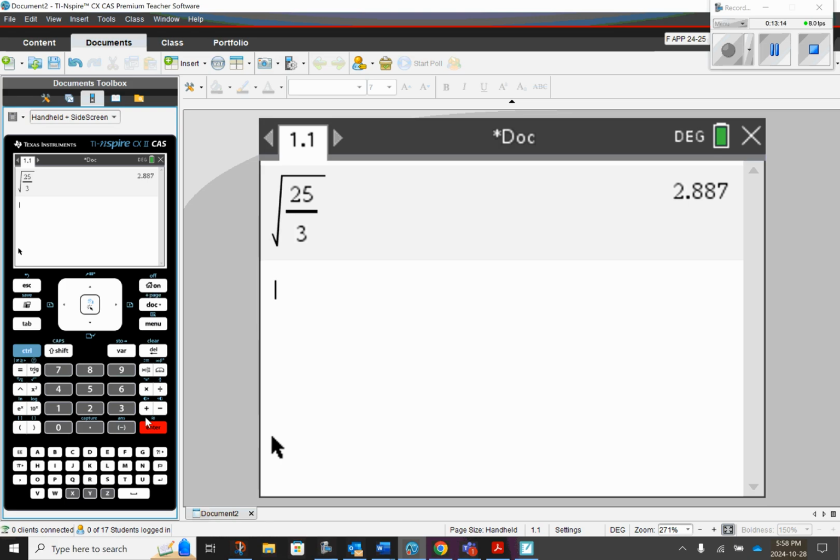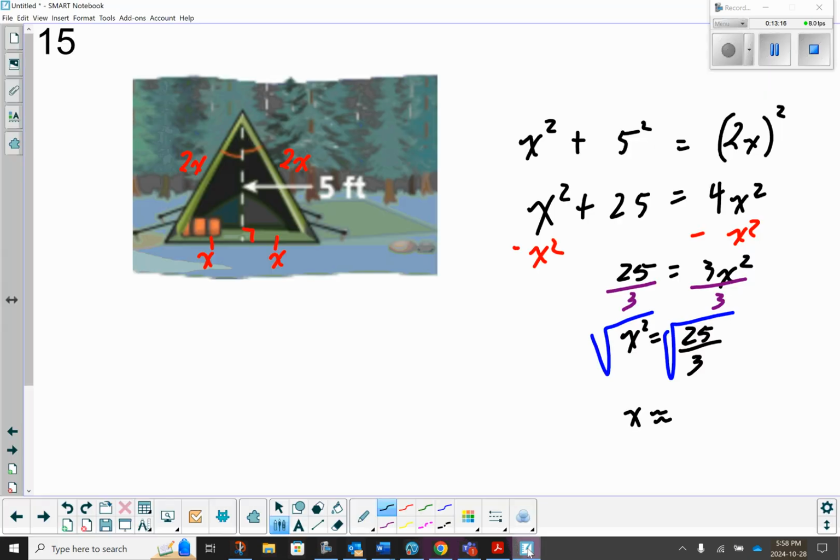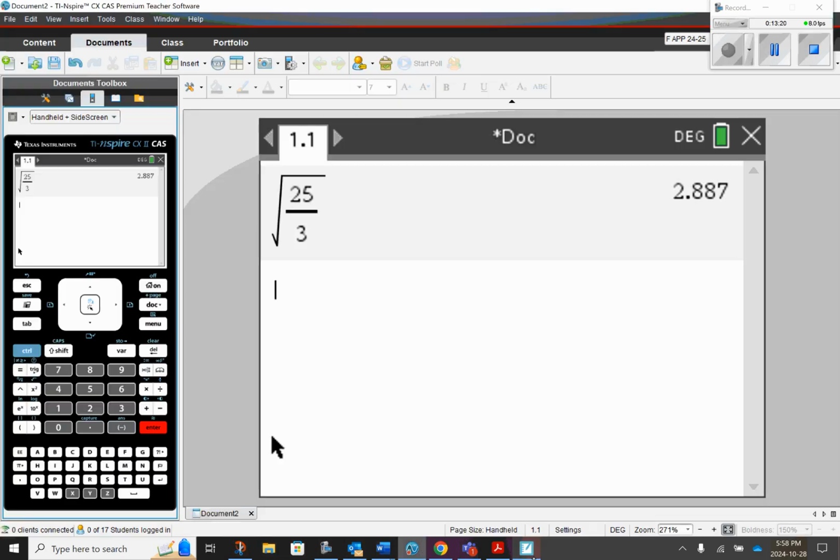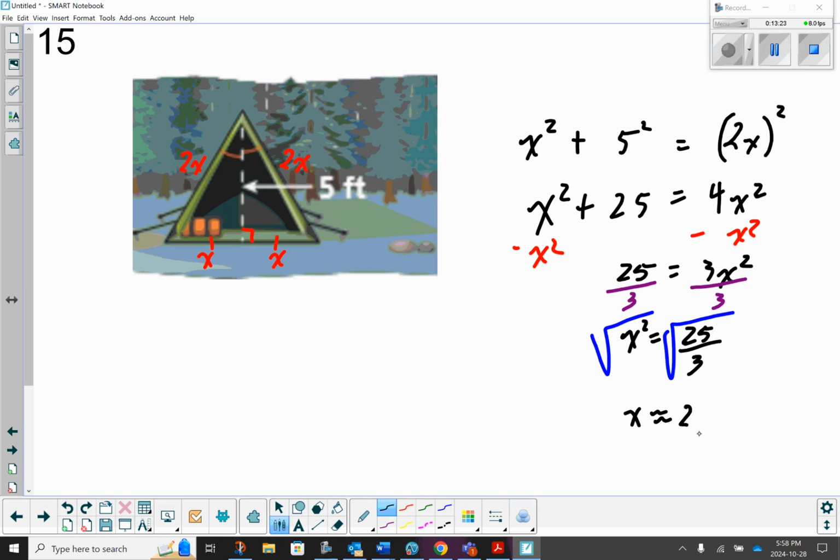That'll work enough for us here, but hold on. Let's not get overly enthusiastic. 2.887 is half of our base.